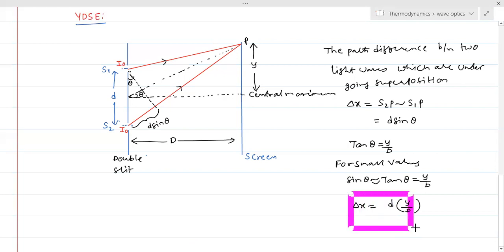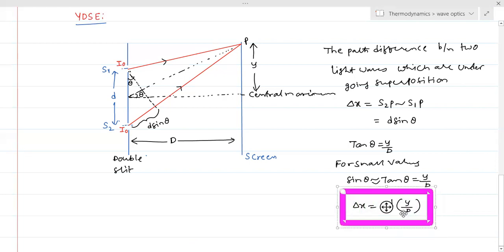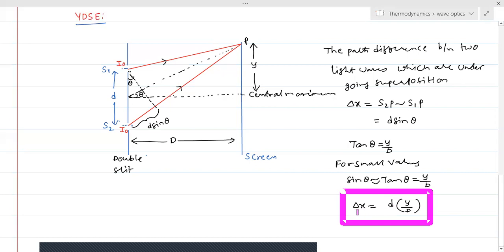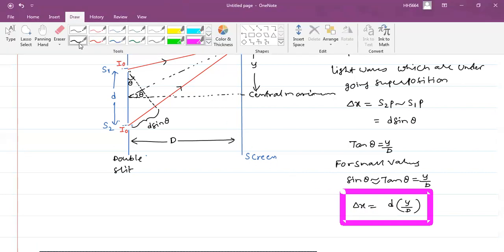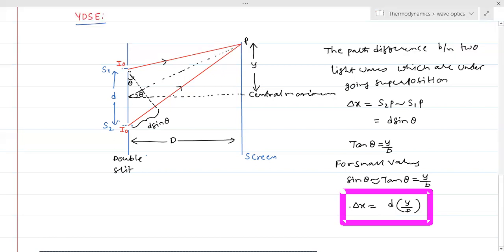We can do almost every problem by using this relation. You can also call delta x as x, the path difference. So this is the very famous equation.